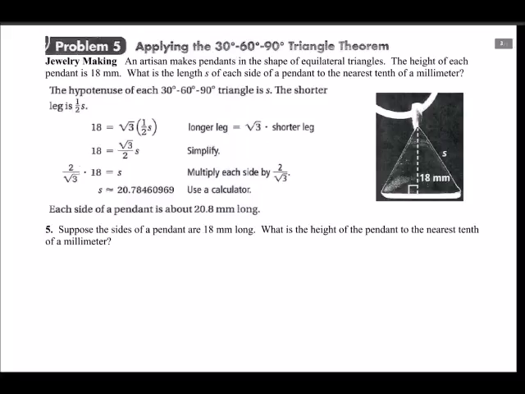We're making jewelry. We have a pendant in the shape of an equilateral triangle. Why is that important? Well, because if we have an equilateral triangle, we know that this angle right there is 60 degrees.